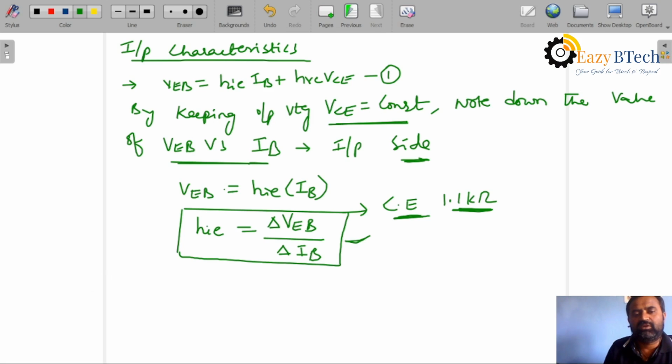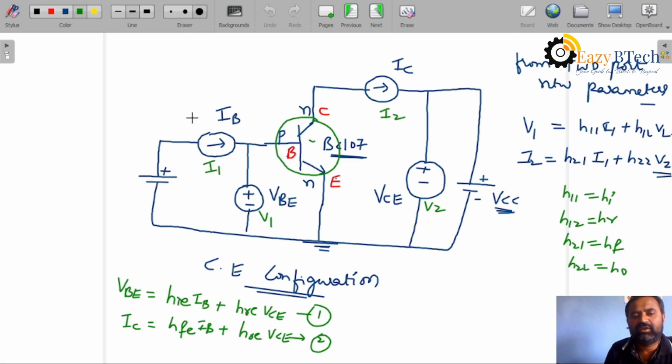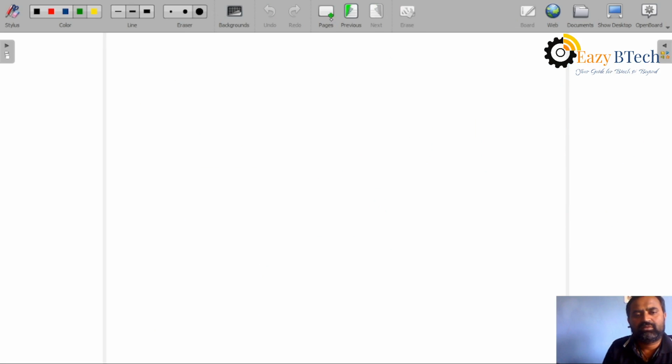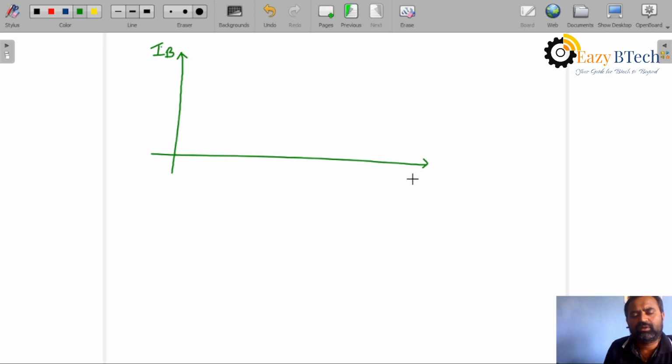Okay, if you see this graph, clearly understand here. We can plot a graph between IB versus VBE, keeping VCE constant. That is, the input graph is input current IB and input voltage VBE.